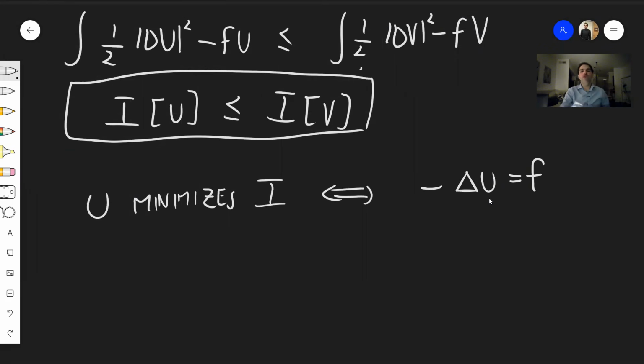Namely, the solutions minimize that total energy, if you like. And again, I want to emphasize this direction is always true in calculus of variations. This one is very specific to this equation. That's why I wanted to cover this. And also the proof, I think, is just beautiful.